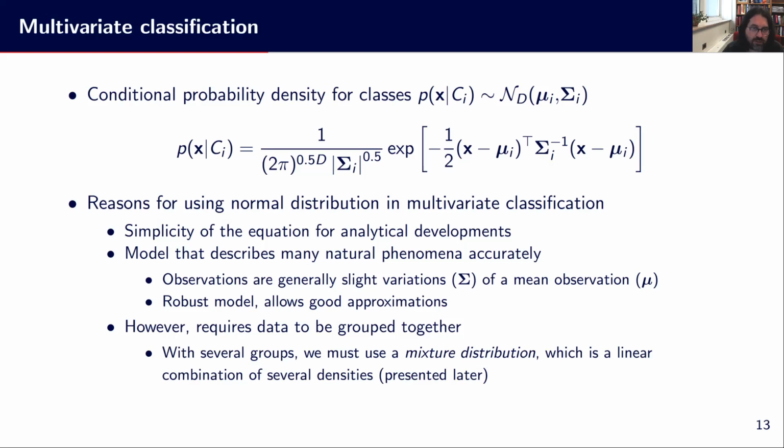This assumption is that data are grouped together. So it means that if we have data with two modes, an example would be handwritten character recognition, where there are many ways to write the letter A. We can say a letter A can be like this as a capital letter, can be like this as a small letter, but can also be like this, the more typographic way of writing A's.